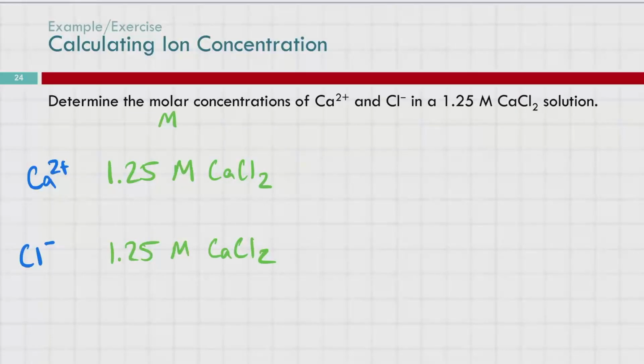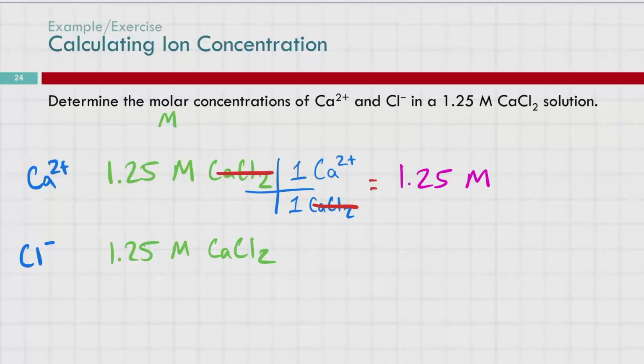How many calciums do we have in a calcium chloride? It is 1. So 1 calcium 2 plus in 1 CaCl2. We know that there's 1 because there's no subscript. No subscript means that it's an implied 1. So calcium chloride parts cancel out, and our concentration is just going to be 1.25 molar calcium 2 plus.